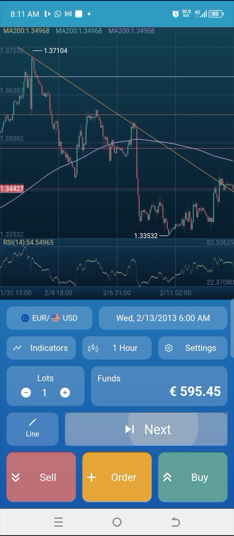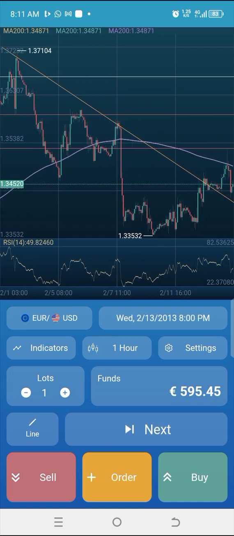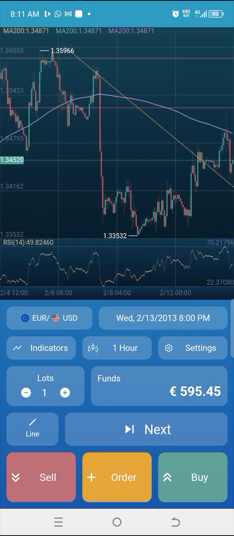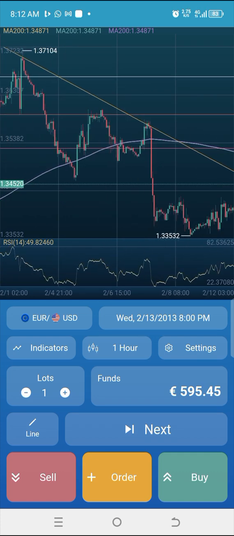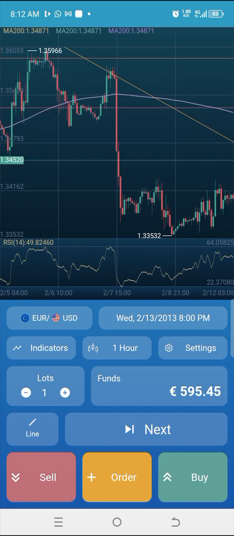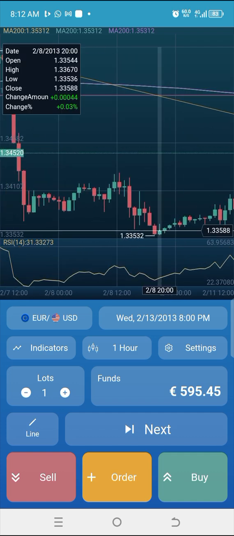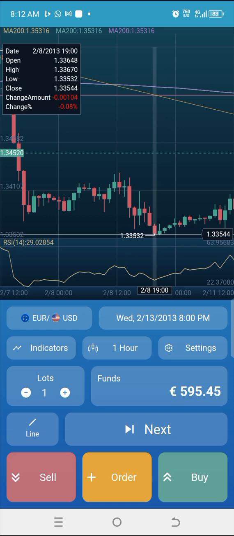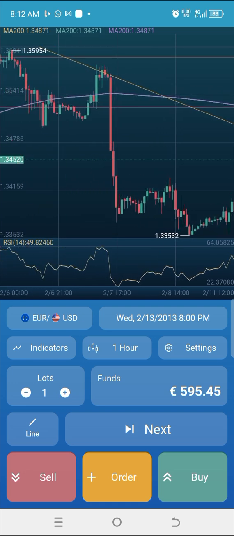Okay. It appears to have broken slowly. So we look at the RSI now. It's 29 oversold, slightly below 30.